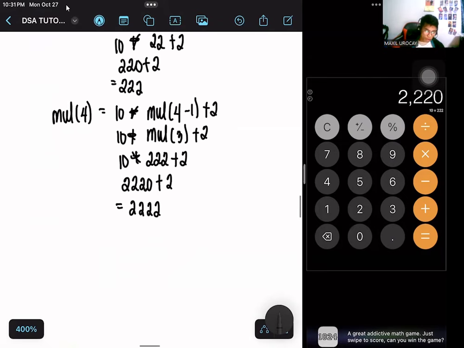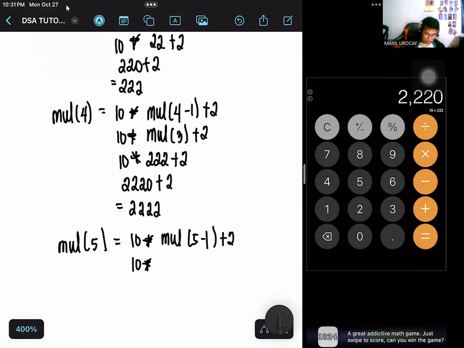Lastly, mul 5 is equal to 10 times mul of 5 minus 1, plus 2, so 10 times mul 4, plus 2.